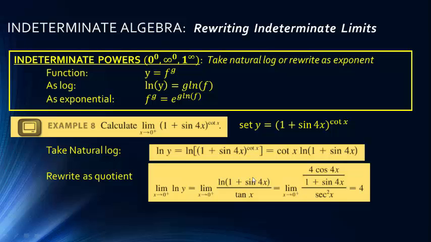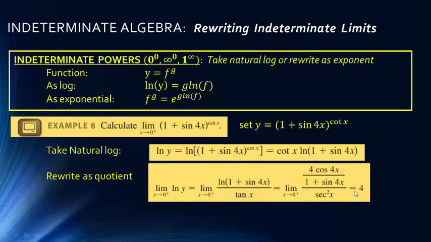This is a chain rule with 3 links in the chain to find the numerator's derivative. The derivative of tangent x is secant x squared. This just simplifies to 4 when we plug in 0, because secant goes to 1, sine goes to 0, and cosine goes to 1. So we have 4 over 1, which just gives us 4.